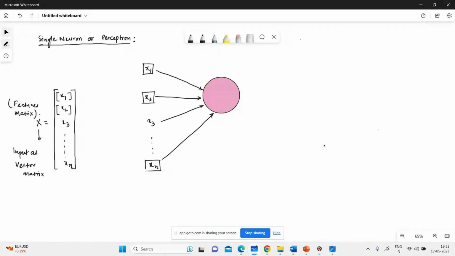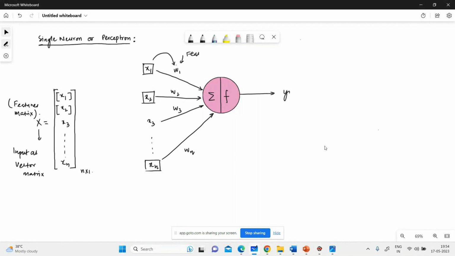What is the shape here? For every input, there will be a weighted value as well: W1, W2, W3, Wn. For every input feature, there will be attached weights, then an activation function, which as of now, remember, is a decision making function, and you will get the y. What is W here?